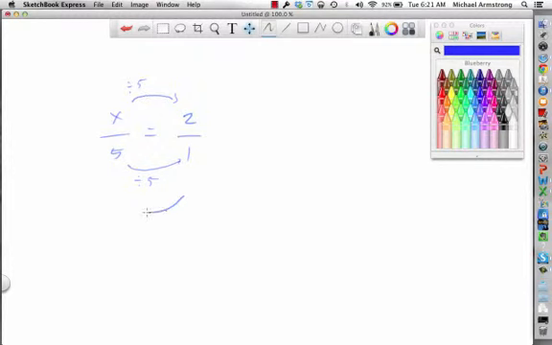Or you can go backwards, because going backwards is just multiplying. 1 times 5 is 5, so 2 times 5 is 10, going the other direction. Hope that makes sense. That should help you get your lesson going. All right.